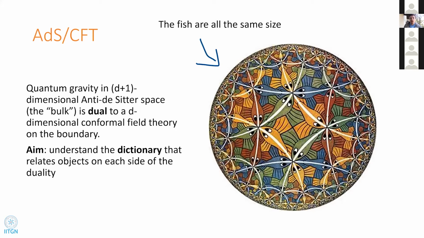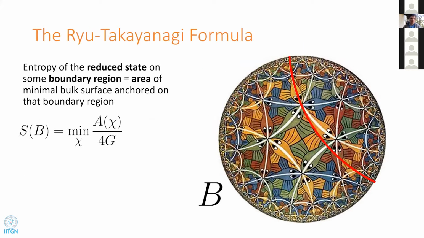But one of the things that we want to do in AdS/CFT is to understand the dictionary that relates objects on the two sides of the duality. And there's one element of that dictionary that's been particularly important over the last 10, 15 years, which is, in its original definition, the Ryu-Takayanagi formula.